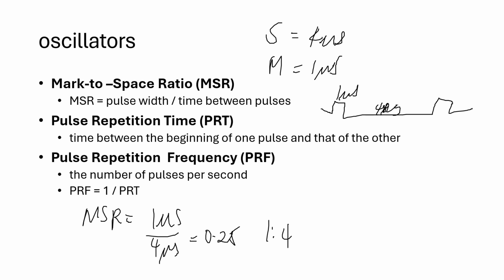Pulse repetition time is the time between the beginning of one pulse, so this is the beginning of your pulse, and that of the other, this is the beginning of your second pulse. So in this example, our PRT is equivalent to 5 microseconds.